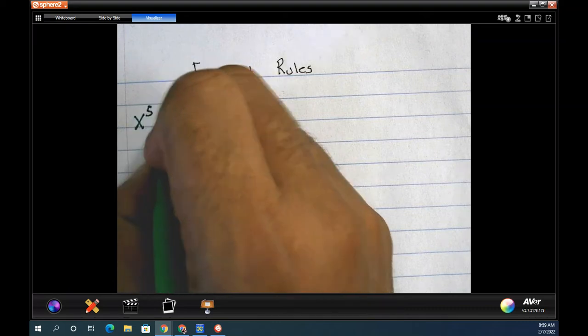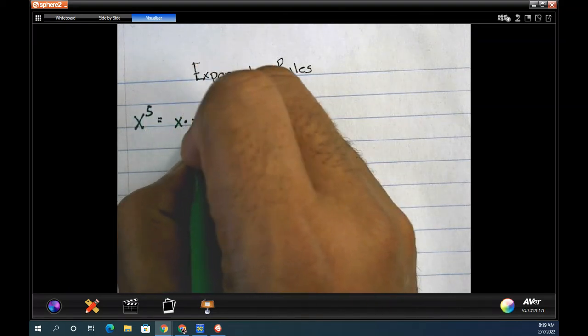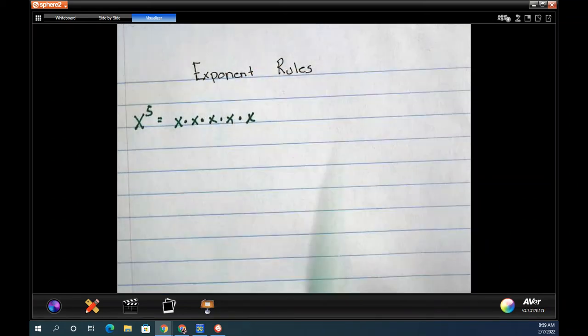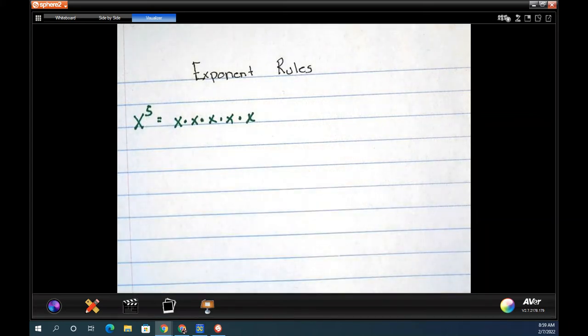X to the 5th is the same as saying x times x times x times x times x. You're just multiplying it 5 times there. That tells you how many times to multiply. The exponent right here tells you how many times to multiply. Now, here's the other thing.